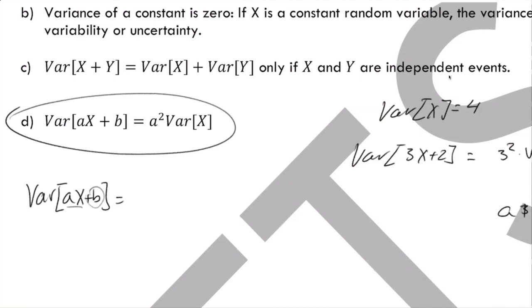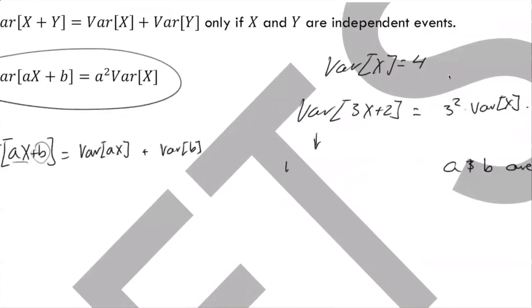So I can split it up as variance of ax plus variance of b. For 3x plus 2, this would have turned into variance of 3x plus the variance of 2.